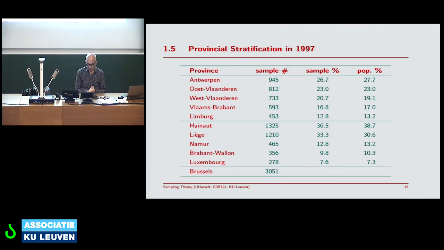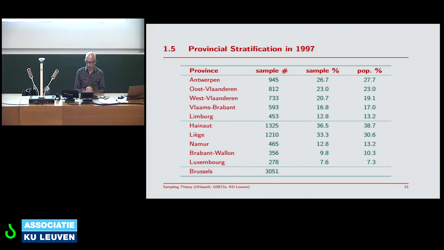Okay. Provinces. Provinces is the next level, and here we have, and especially in 97, it's easy to explain that, we have stratified according to population size. Proportional. So this should be very clear now. In Flanders versus Brussels versus Wallonia, we have about equal sample sizes.